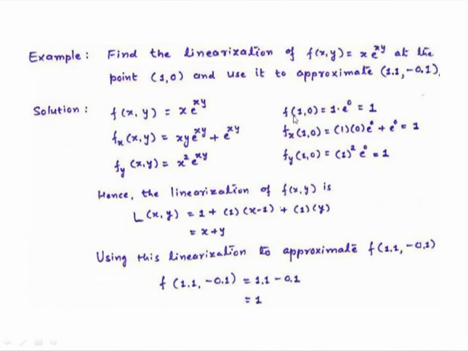Now we substitute the point. So f at the point (1, 0) is 1 times e to the power 0, which is 1. So ultimately the partial derivative of f with respect to x at the point (1, 0) is 1.